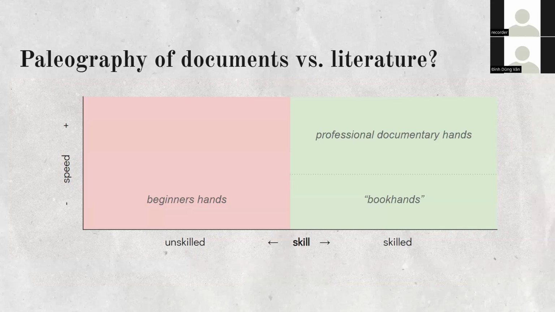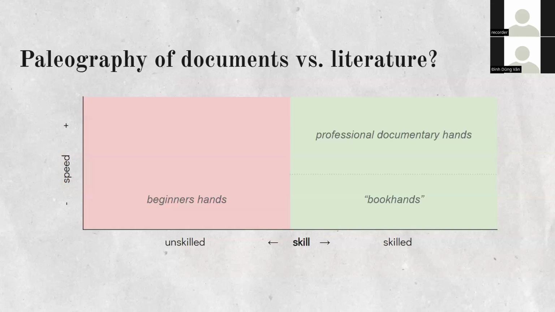is a table to compare hands and to categorize them. So we would have the skillfulness, the skills of the writer on one axis and the speed of the writer on the other one. I want to propose this approach. In the unskilled part, you will only have lower speed, and then you will have beginner's hands.